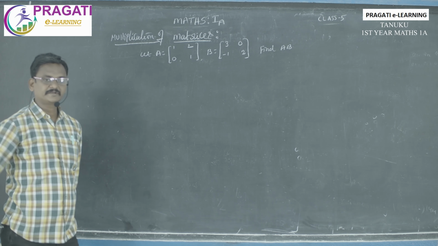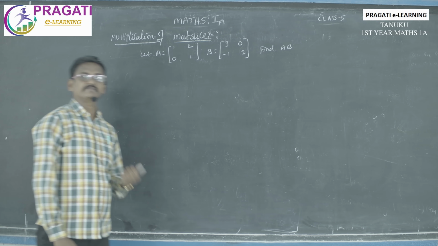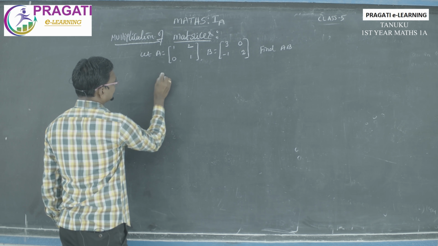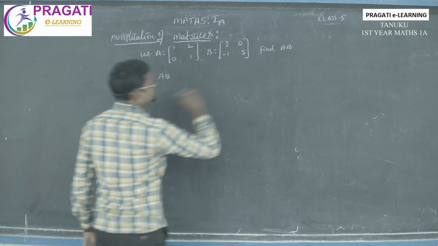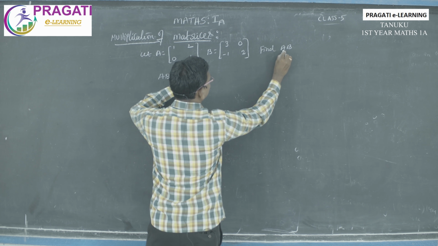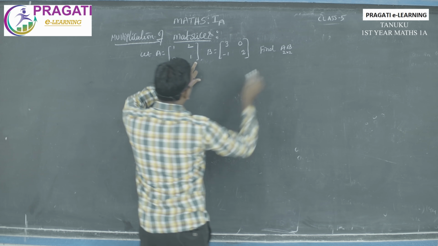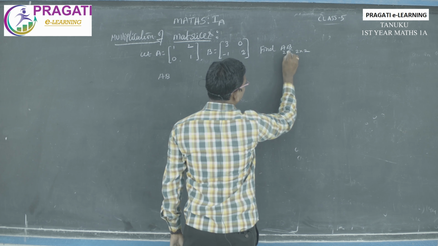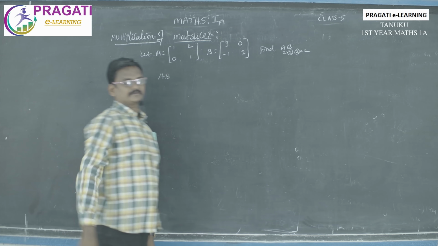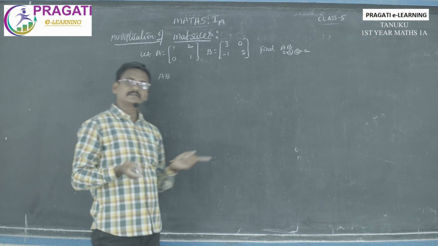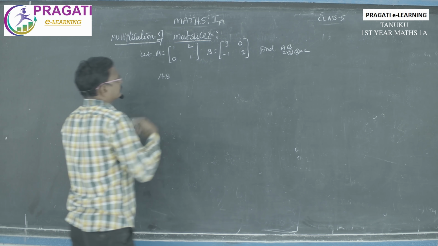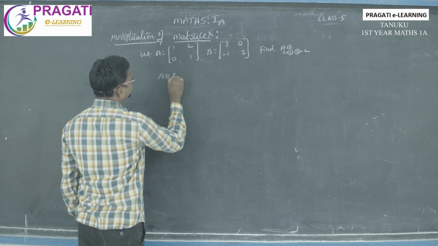Before doing the problem, just verify whether it is possible or not. So now we want to calculate AB. First, A order is 2 by 2. B order is 2 by 2. So both are the same, is it or not? So it is possible. The order of the final matrix is 2 by 2.